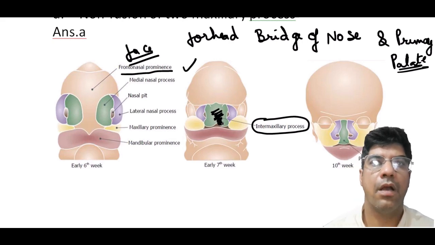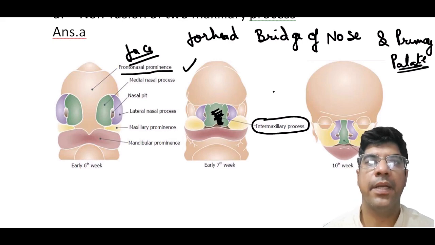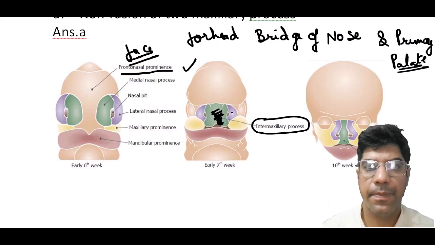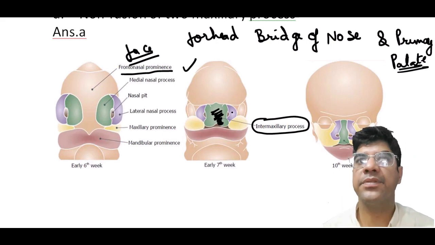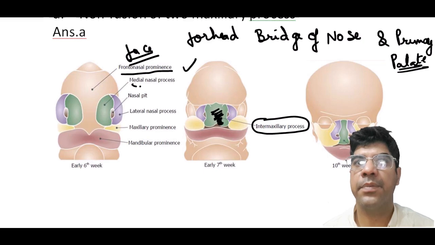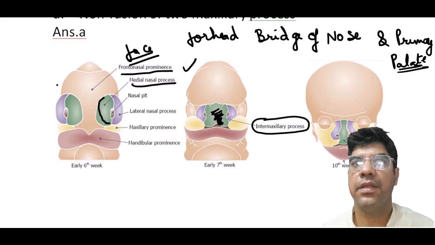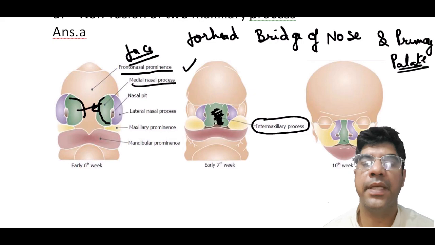So it originates from the fusion of the median nasal process. So this median nasal process, they fuse and they form the intermaxillary process.